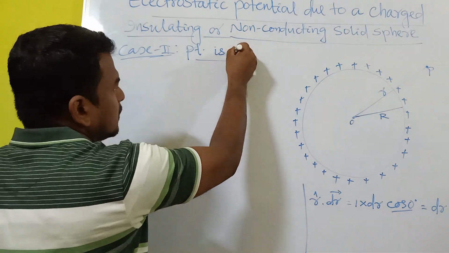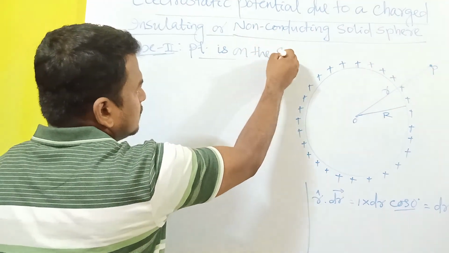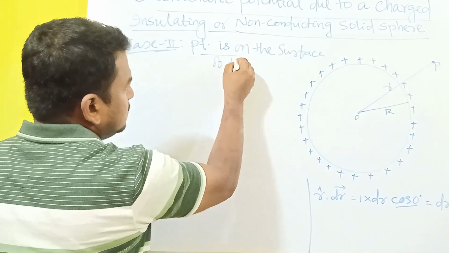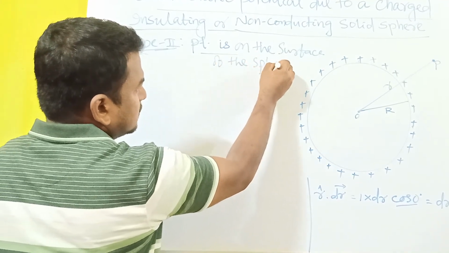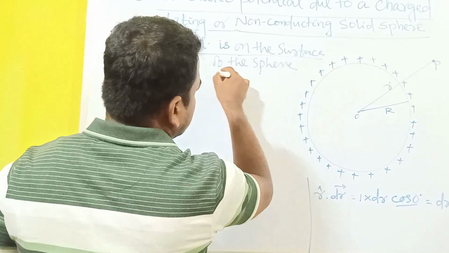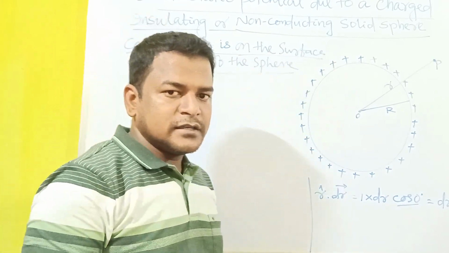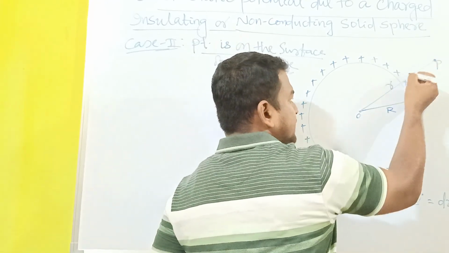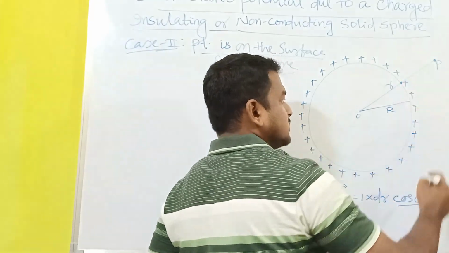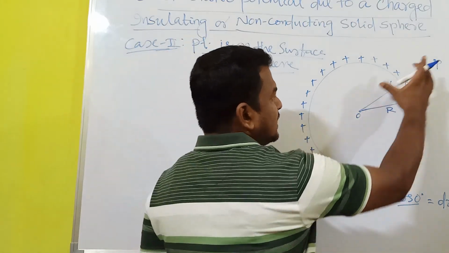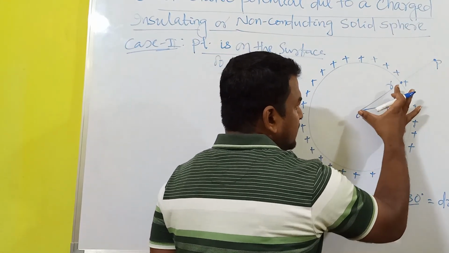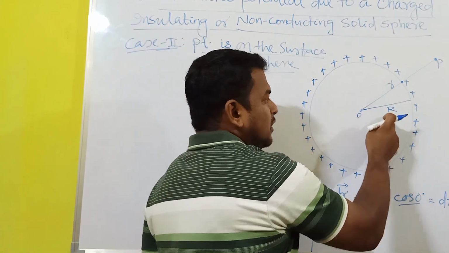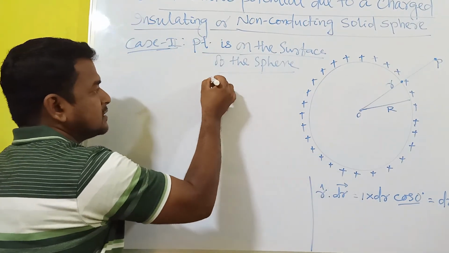Case 2: the point is on the surface of the sphere. If the point P is on the surface of the sphere, then small r will be equal to capital R in this case.